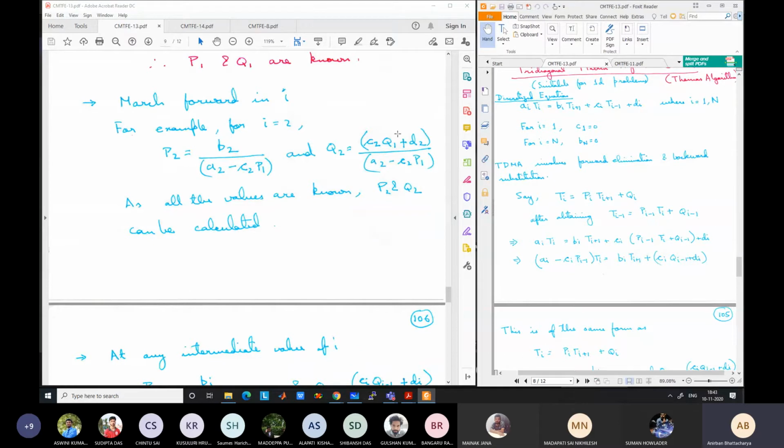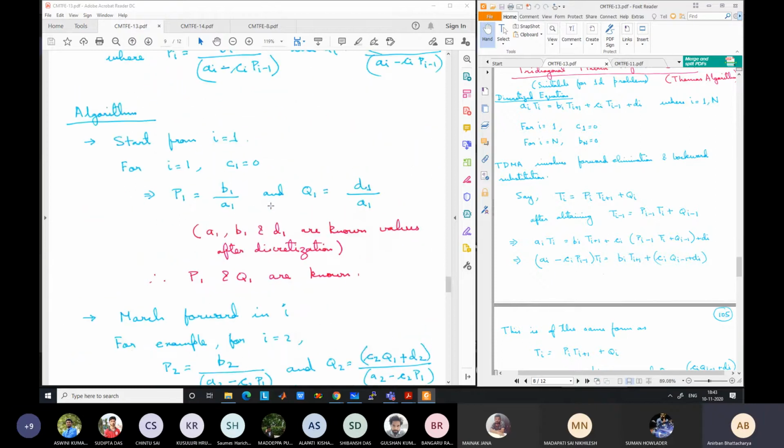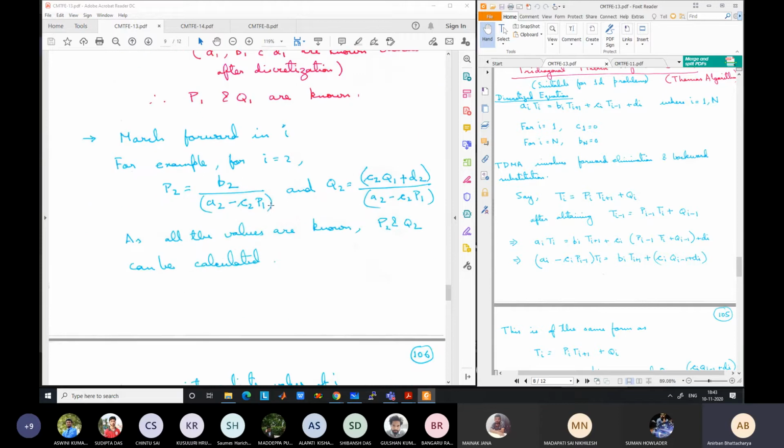So 3 calculations, and here 1 multiplication, 2 multiplication, 2 additional subtraction, 1 division, so 8 calculations for each I value. So some function of n. When you go from I equal to 1 to n, you have 8n calculations.